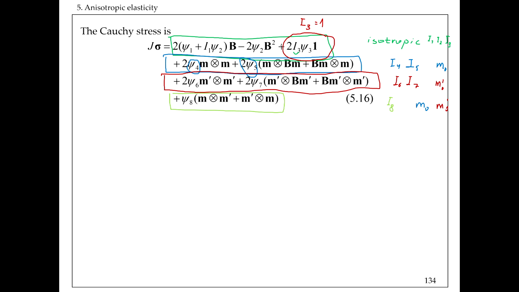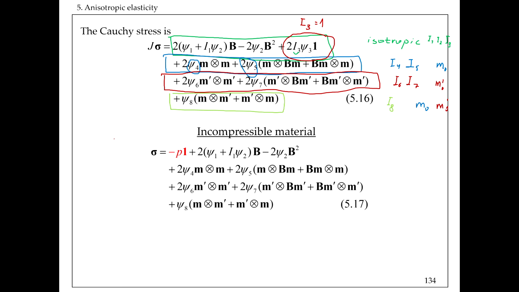It's still a bulk behavior of isotropic response, so it still sits here, and hence this is the only thing that we need to modify. As you can see, the contribution from the fibers on the first, second, and third line remains unchanged, and the only change is sitting here.